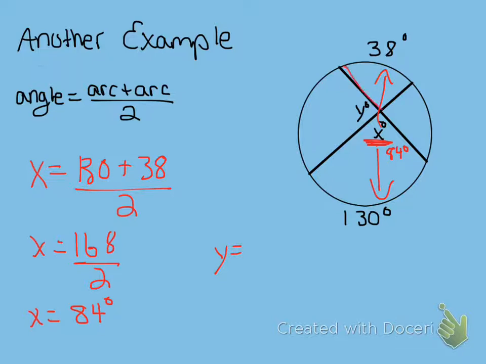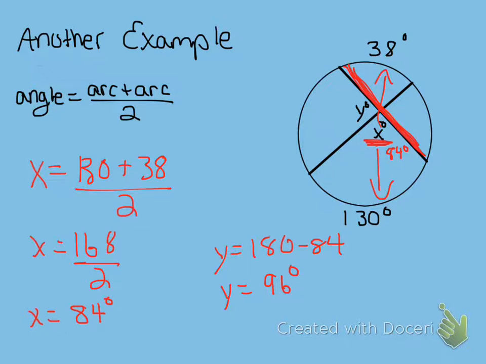These two angles are creating that ever-present, all year, straight line. So if X is 84 degrees, that means that Y is 180 minus 84. So Y equals 76, or wait, that's not right, sorry. Y equals 96 degrees. And you're done with that one.